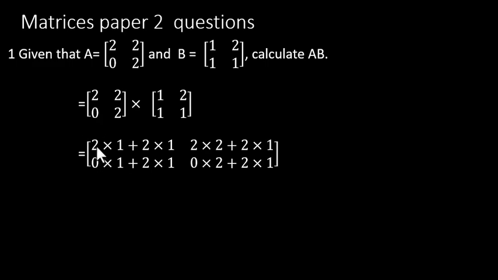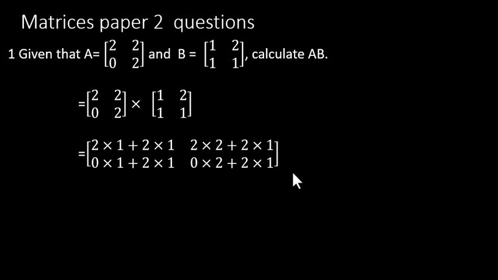Then we go to the bottom side: the second row, first column, 0 multiplied by 1 plus 2 multiplied by 1. Then the second row, second column, 0 multiplied by 2 plus 2 multiplied by 1.